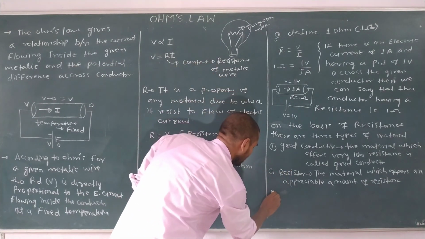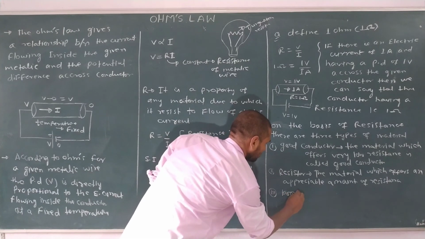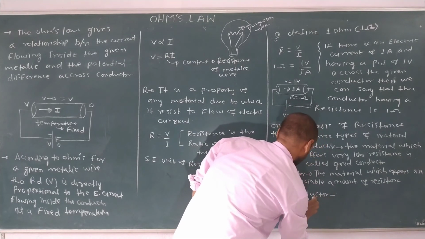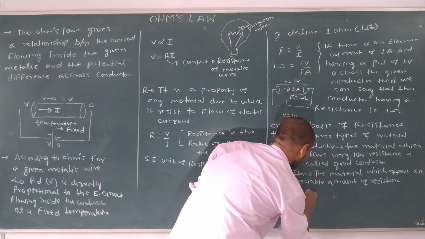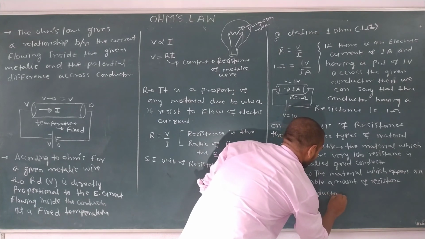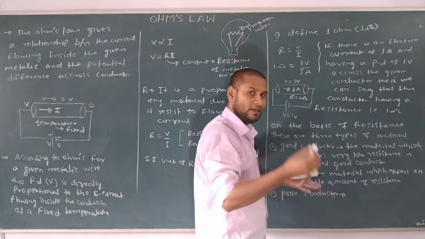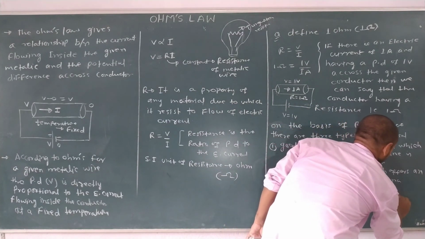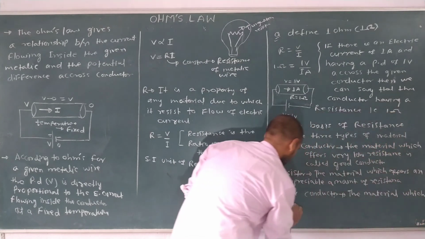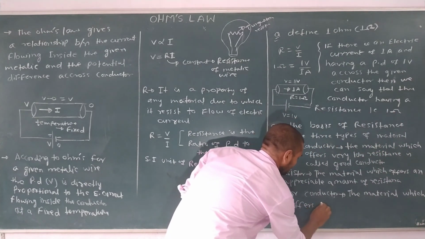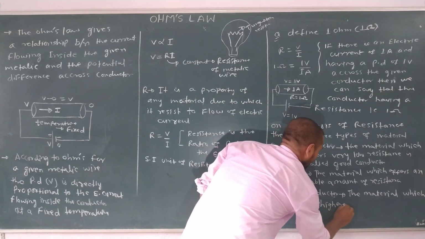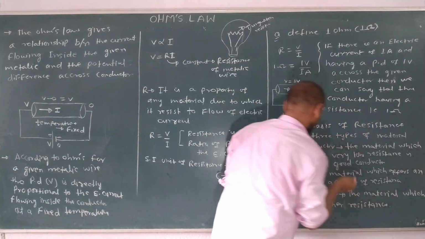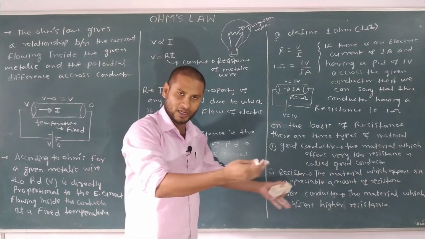But the third one is a poor conductor. The material which offers higher resistance is called a poor conductor, which does not allow the electric current to pass.